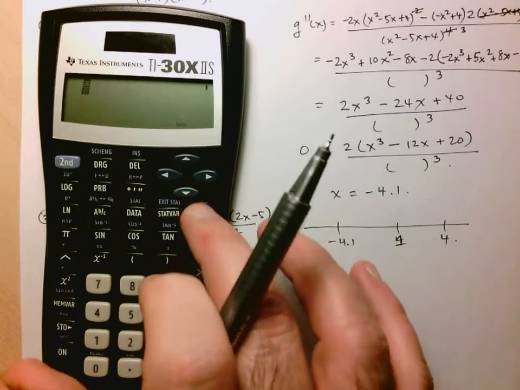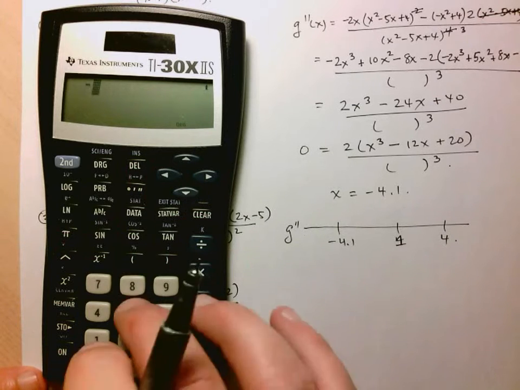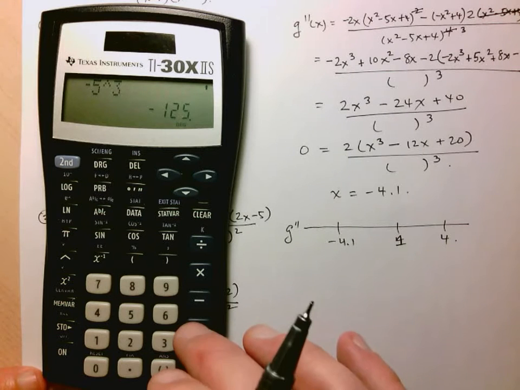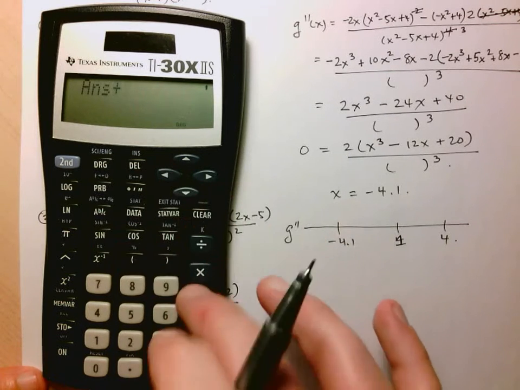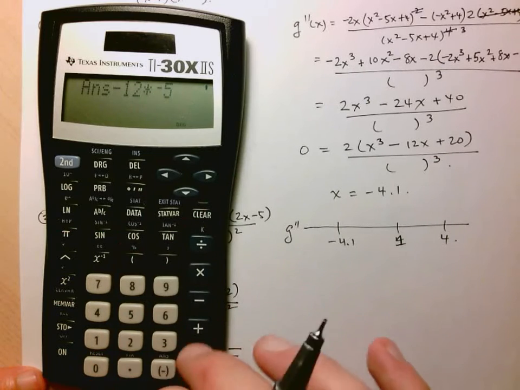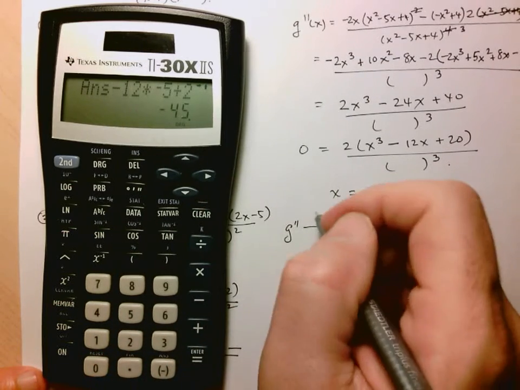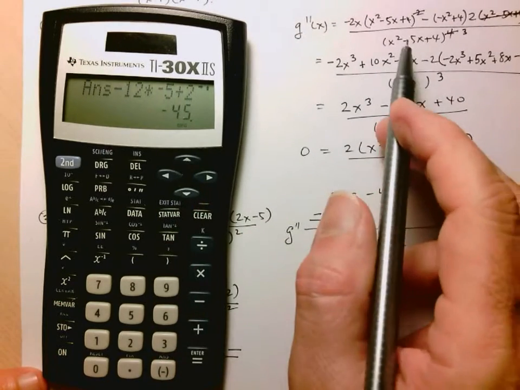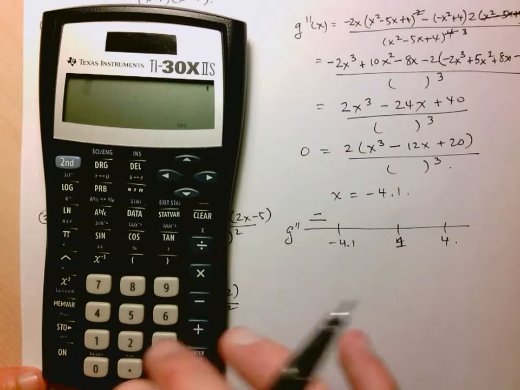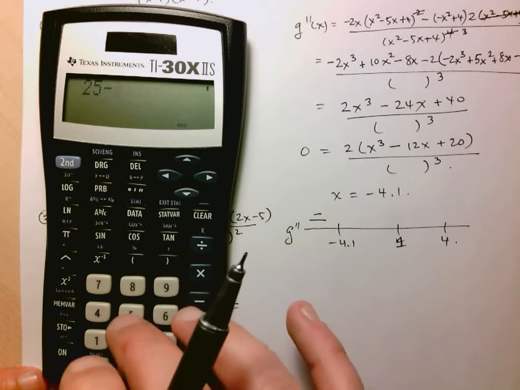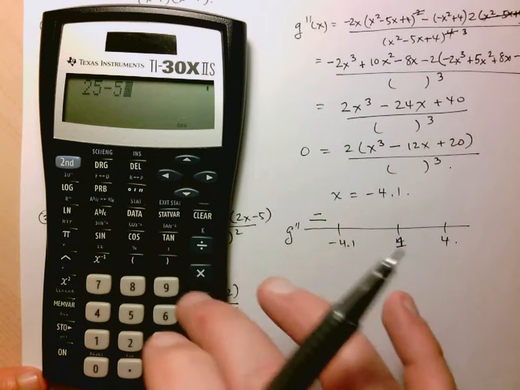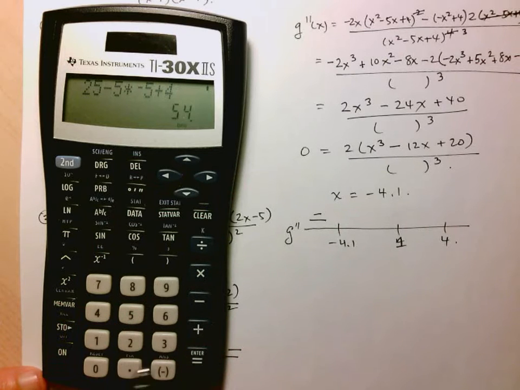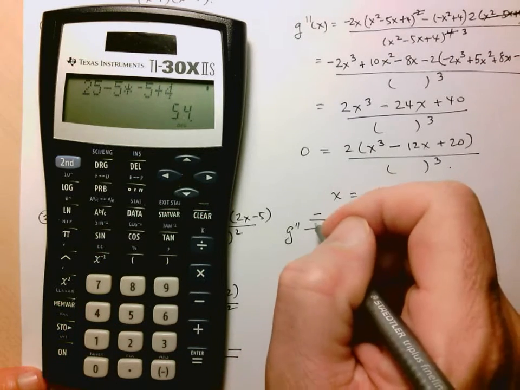We've got negative 5 cubed minus 12 times negative 5 plus 20. So we have negative over, and now let's put it into this denominator here. So negative 5 squared is 25, minus 5 times negative 5 plus 4. Okay, which is a positive, and when I cube a positive, I still get a positive.